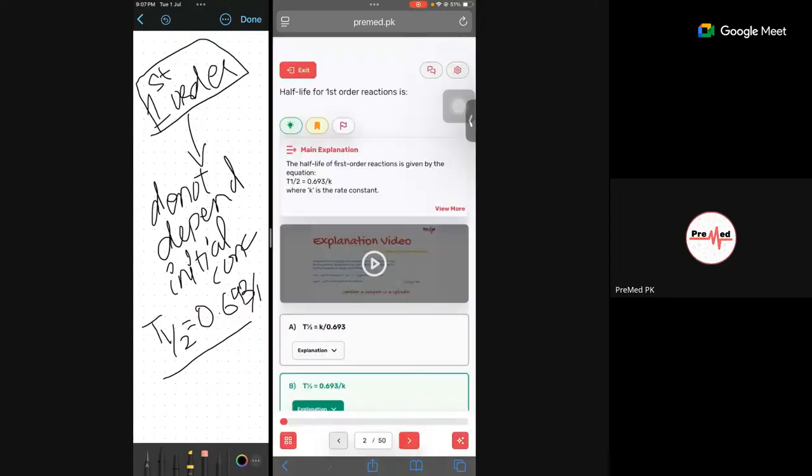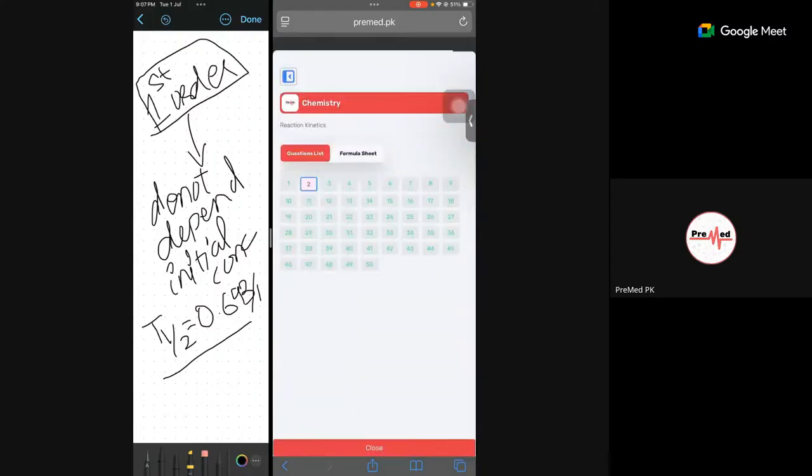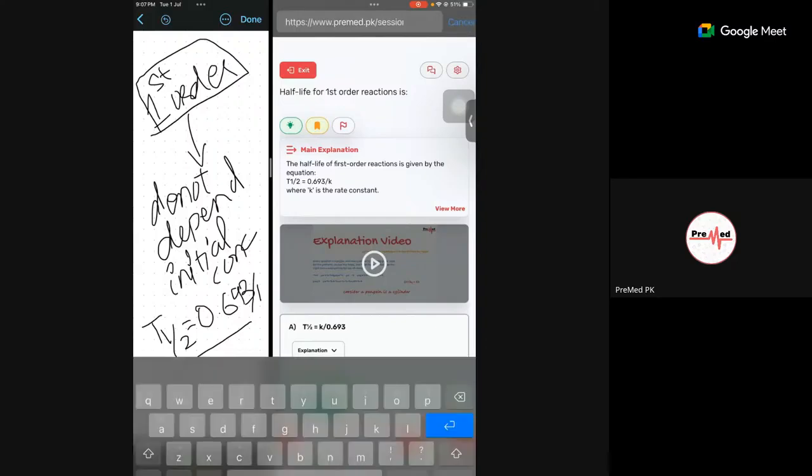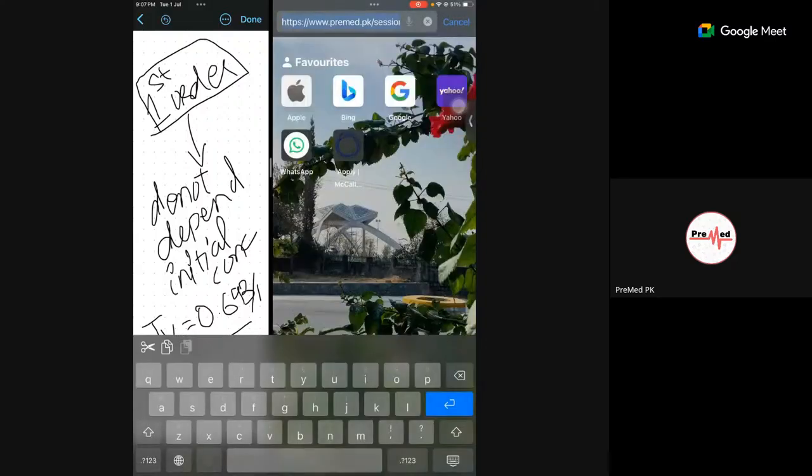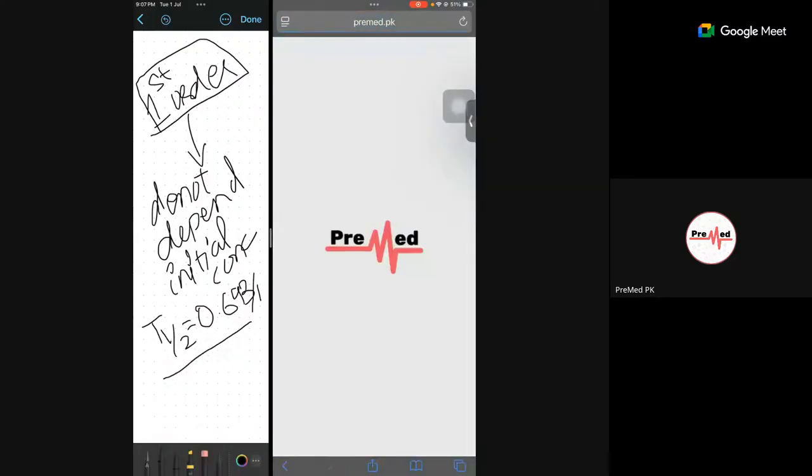We have option 1, amount of substrate. Option 2, the catalyst. Option 3, the temperature. And option 4, all of these.